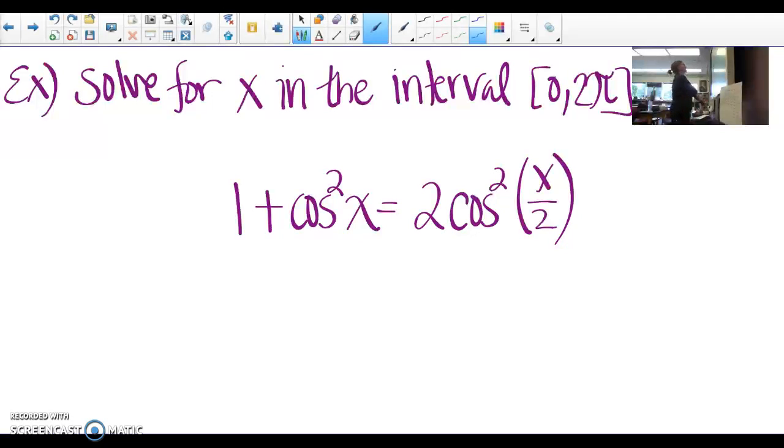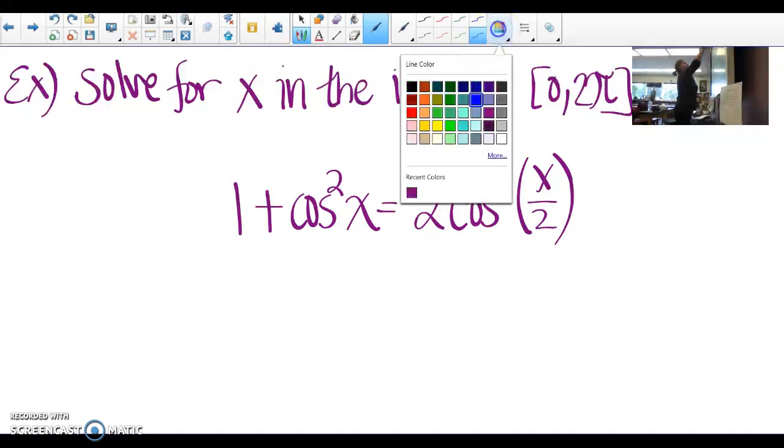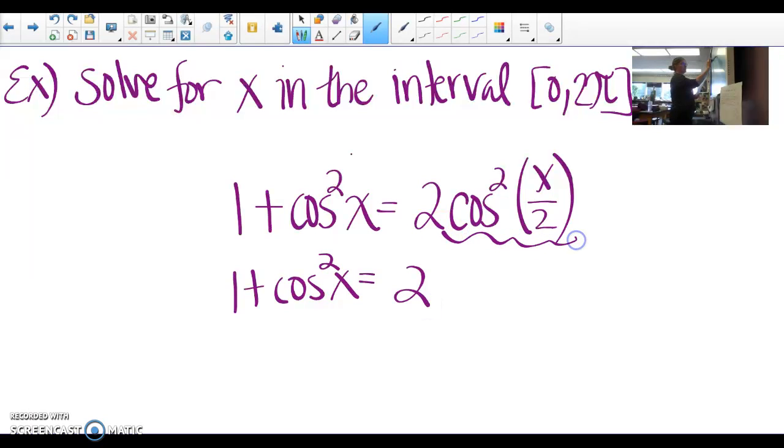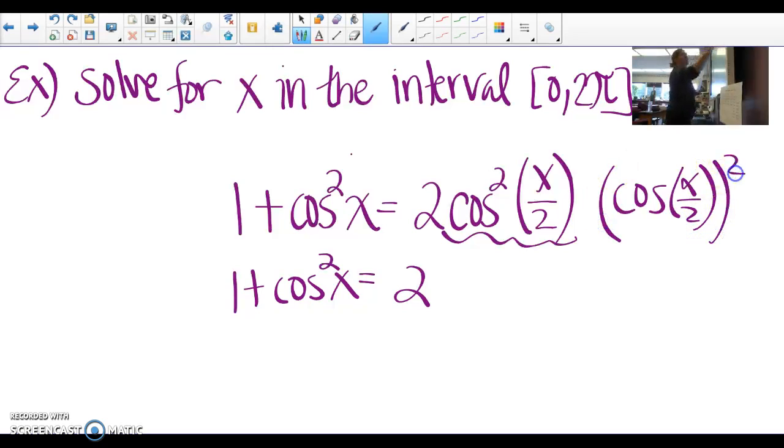All right. Anyway, let's pause the video, write down this example, and I'm going to go through this, and then we'll be done. Okay, so 1 plus cosine squared x equals 2 cosine squared of x over 2. What I'm going to do is leave this side alone, and I'm simply going to use my half angle identity. Recall that I could rewrite this as cosine of x over 2, that quantity squared.